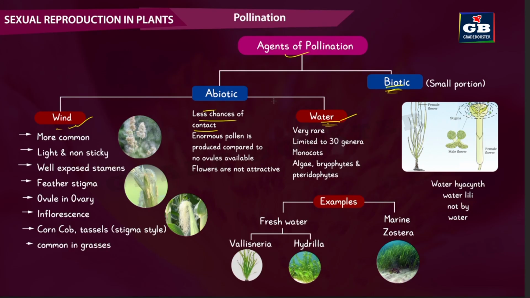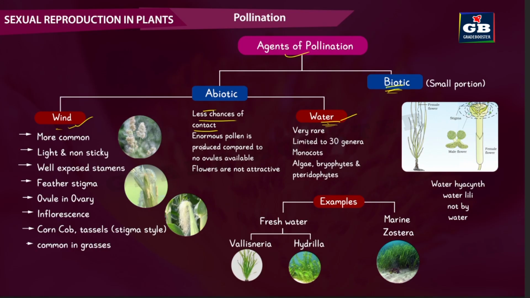It is not sure that pollen reaches the stigma, because the wind has to carry it and it is not under any particular control. It is by random chance that the wind carries the pollen. If the pollen reaches the right stigma, and the stigma receives that pollen, then pollination takes place. So the chances of pollination are very low in case of abiotic factors like wind and water.